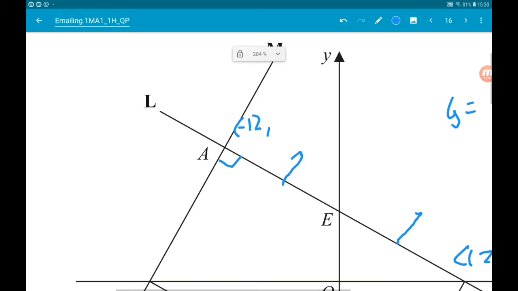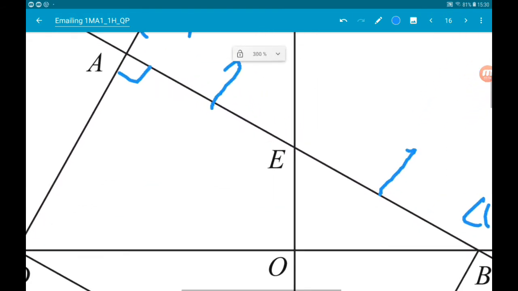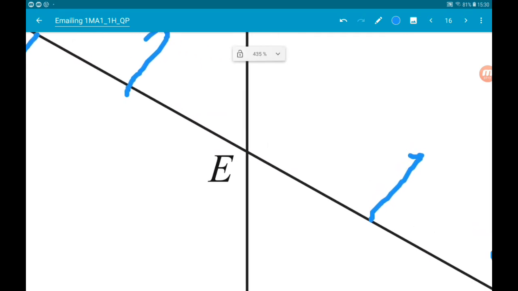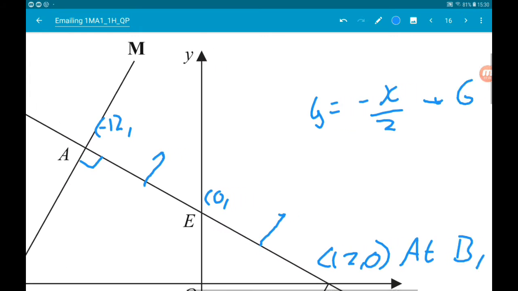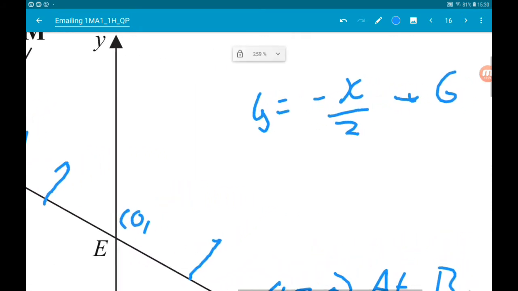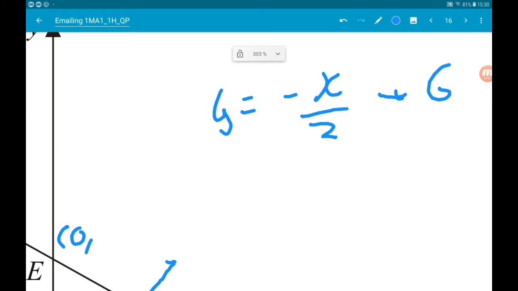Now we need to find the y coordinate at A. At E, we know the x coordinate here is 0 because we are on the y-axis. So when x is 0, y is equal to minus 0 over 2, which is just 0, plus 6.